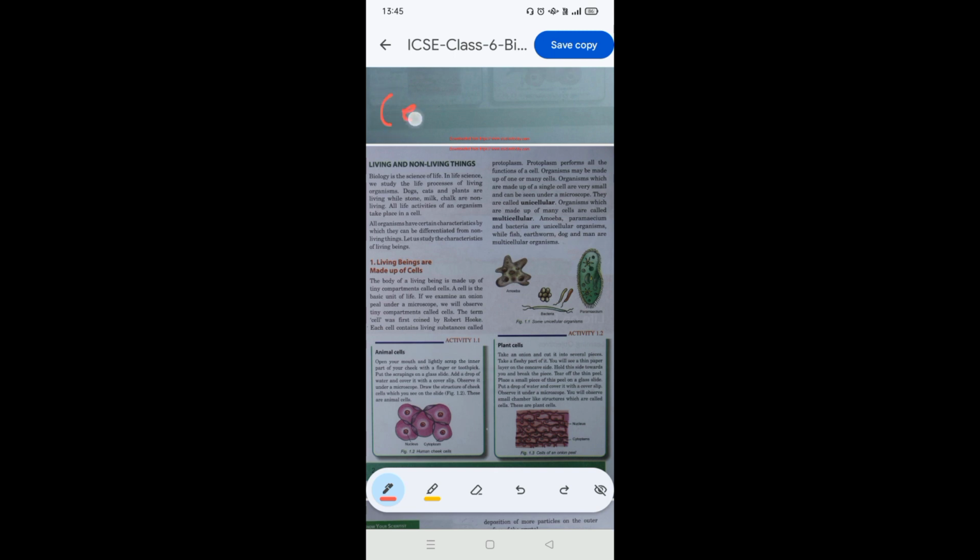The term cell was coined by a scientist whose name was Robert Hooke. And in each cell, there are living substances called protoplasm. These perform the functions of the cell.